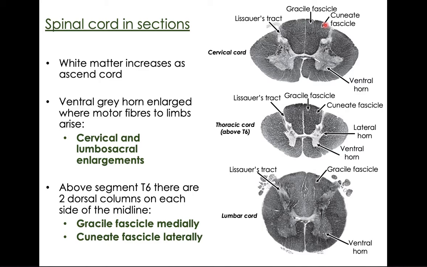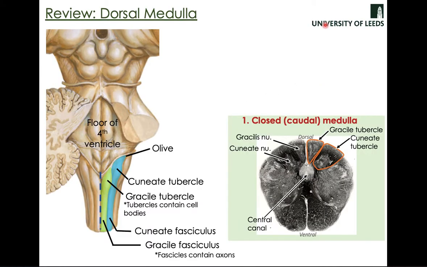I hope that these names ring a bell, because if we look at that dorsal view of the medulla oblongata, we talked about these gracile fasciculi and cuneate fasciculi. The gracile being just lateral to that posterior midline and expanding as the gracile tubercle, and similarly the cuneate fasciculus a bit more laterally expanding as the cuneate tubercle.